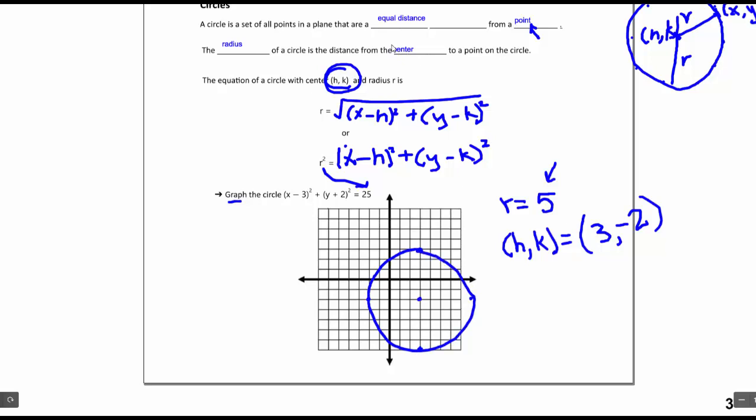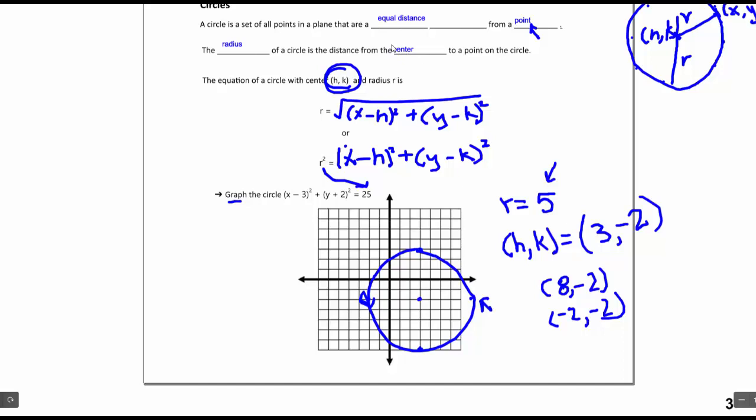And you could find those 4 points algebraically instead of just counting on your graph. And that's by adding 5 or subtracting 5 to your x and y one at a time. So if we add 5 to the x, we'd have (8, negative 2). And we can see that point right here. If we subtract 5 from x, we would have 3 minus 5, which is negative 2, so (negative 2, negative 2). You can see that point right here.